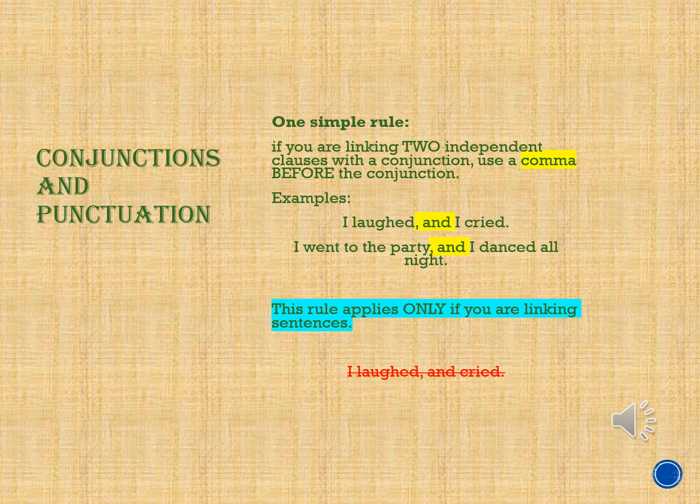Independent clauses are those that have a subject and a verb, and they express a complete thought. I laughed. Everybody can understand what is I laughed. And I cry. I have a subject and a verb, subject and a verb. This is a compound sentence joined by a coordinating conjunction and a comma. I went to the party, comma, and I danced all night. This rule applies only if you are linking sentences and independent clauses.